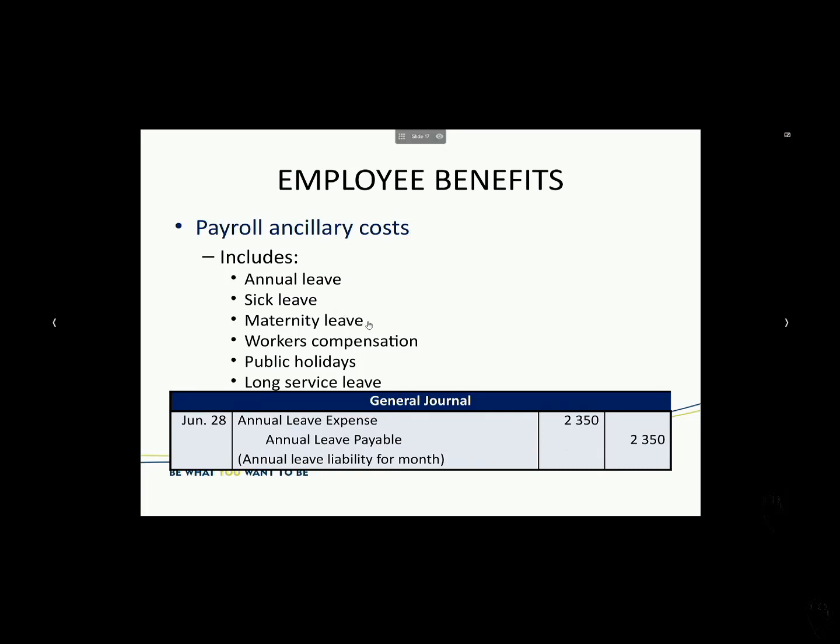Also must provide maternity leave, workers' compensation, that is a statutory obligation on behalf of the employer to provide workers' compensation insurance, and in Queensland is through WorkCover Queensland. Public holidays, for gazetted public holidays, the employer must provide those for an employee.